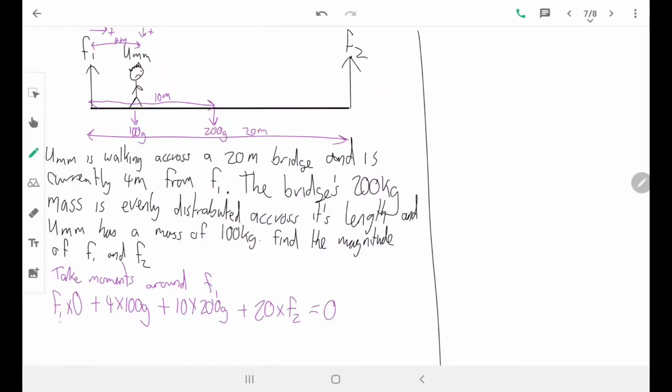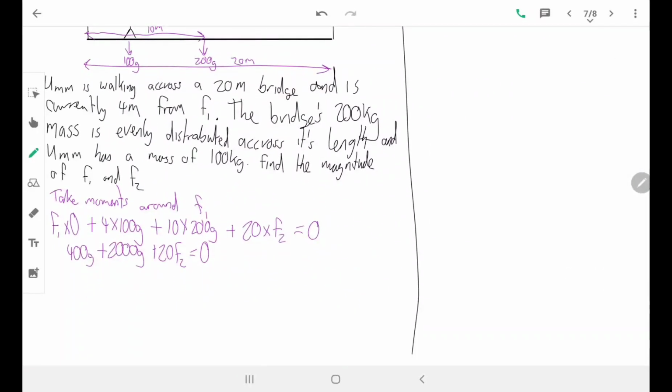So F1 times 0 is 0. We have 4 times 100 is 400G plus 2000G plus 20 F2 equals 0. Let's move down a little bit. So we have that 400 plus 2000 is 2400, and I'm going to take it to the other side. So 20 F2 equals minus 2400G.